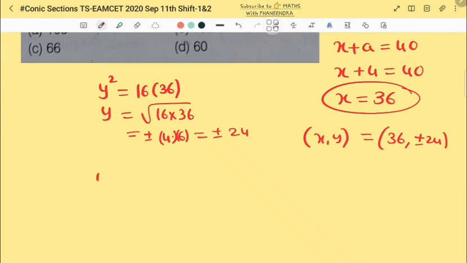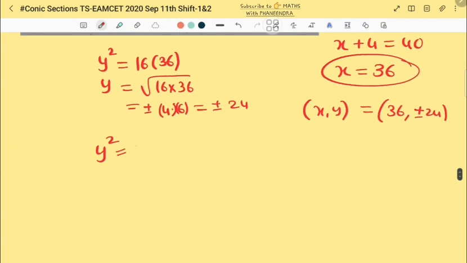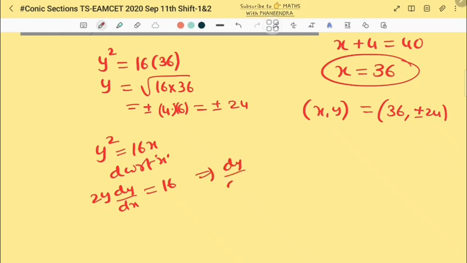So for the given parabola y square is equal to 16x, differentiate with respect to x, slope will come. 2y into dy by dx is equal to 16. So dy by dx is equal to 16 by 2y, so 8 by y.